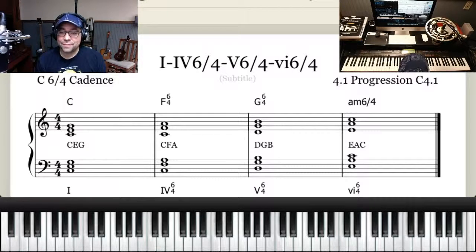This is the same chord progression that you saw when we did the deceptive cadence in root position. So in this case, we're going to introduce the deceptive cadence, but using our inversion for the 4, 5, and 6 chords.